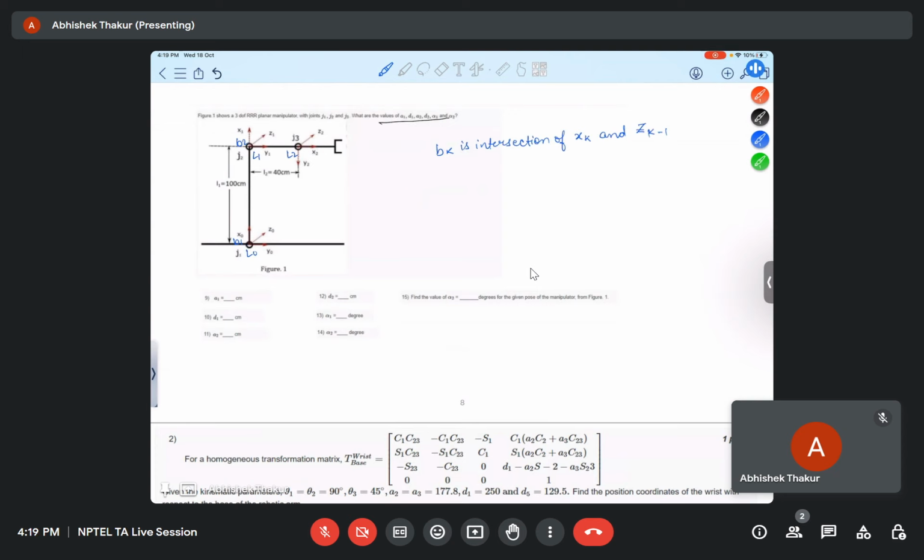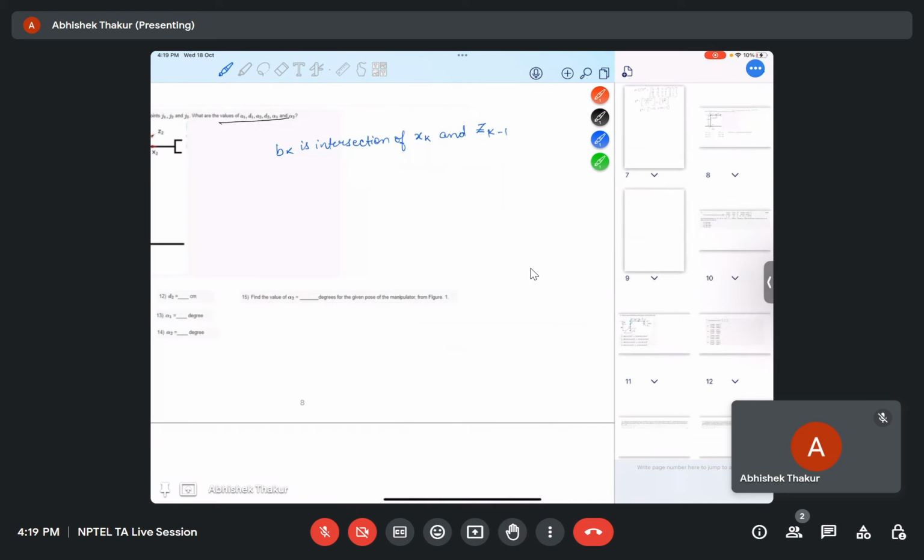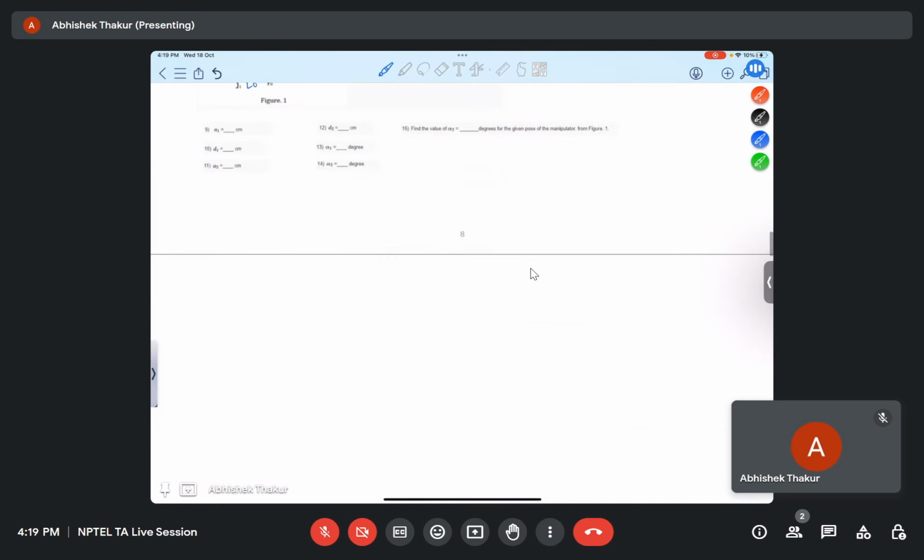Now we have to find A1. So what is A1 here? As we have studied in DH parameters, AK is the distance from the point BK to the origin of the frame LK measured along XK.